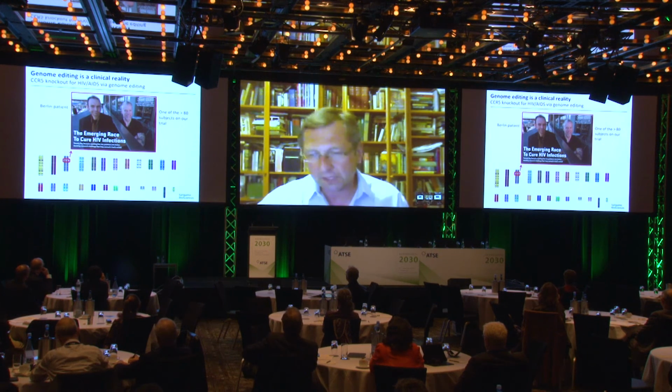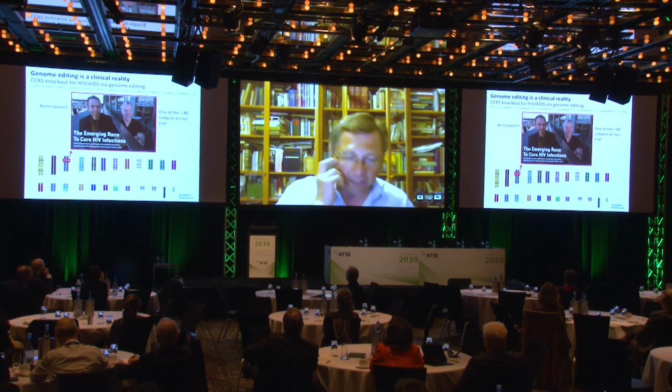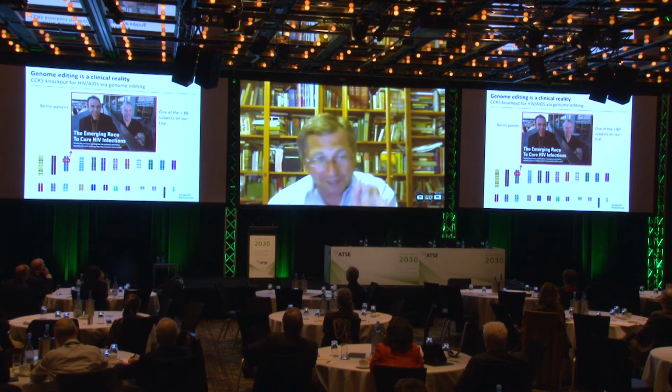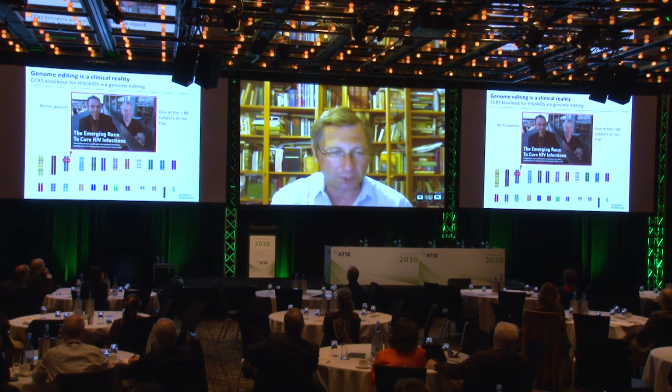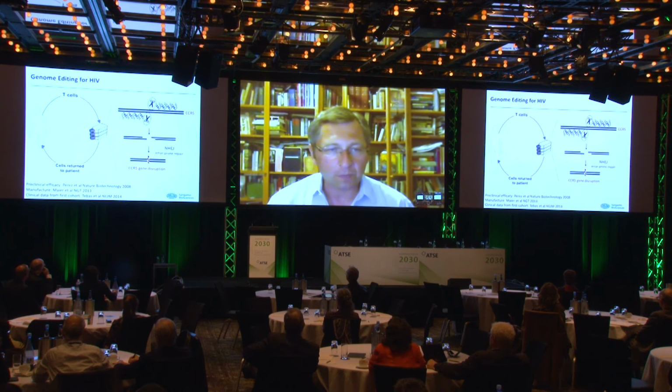So the gentleman on the right is Matt Sharp, one of the 80 subjects on our trial. And what we do is we basically introgress by gene editing this HIV-resistant allele into Matt Sharp's genome. And it's on chromosome 3. The way you do this is you harvest some cells, you gene edit them, and you put them back in, and they create small insertions and deletions that then drive the knockout.